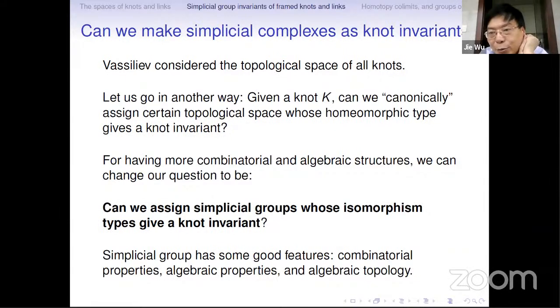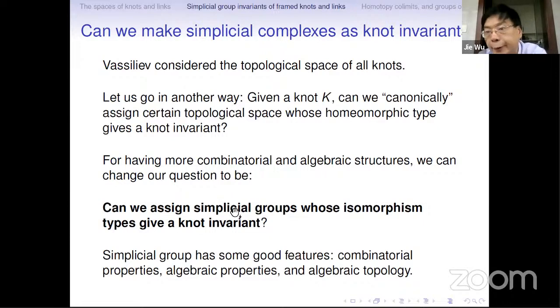So the idea is that we propose the following: let's do something connected to algebraic topology. Given a knot, we can assign something as a knot invariant, right? Let's try to assign something which has the nature of a space in algebraic topology, also carries some combinatorial information, and also has a group structure. The canonical one is the so-called simplicial group.